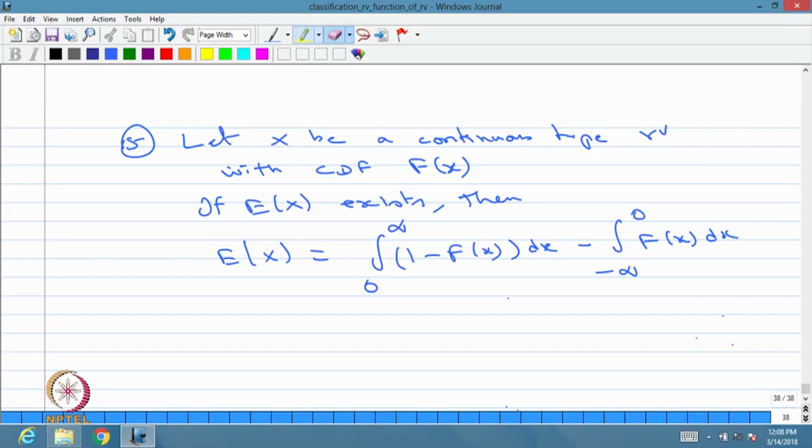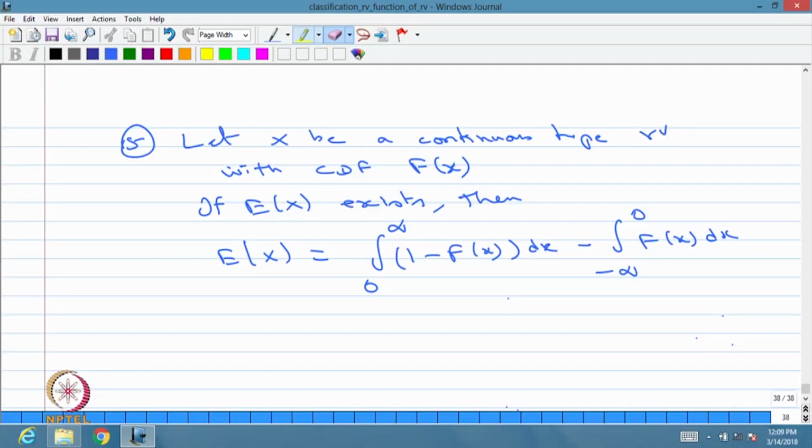Let me give one nice pictorial representation of how to compute the expectation when X is a continuous type random variable. Recall, when X is a continuous type random variable, the CDF is a continuous function in the whole real line from minus infinity to plus infinity.